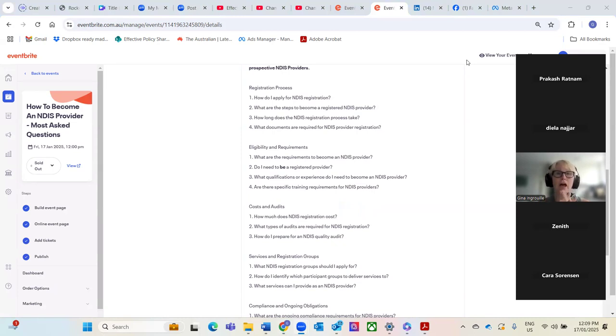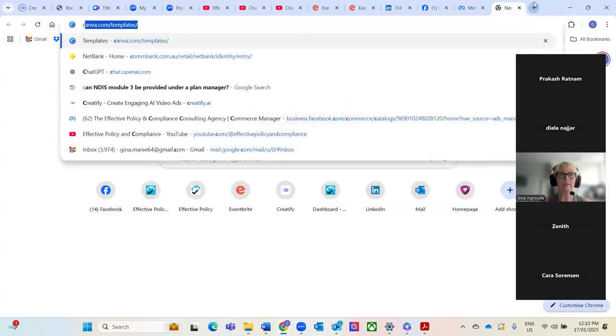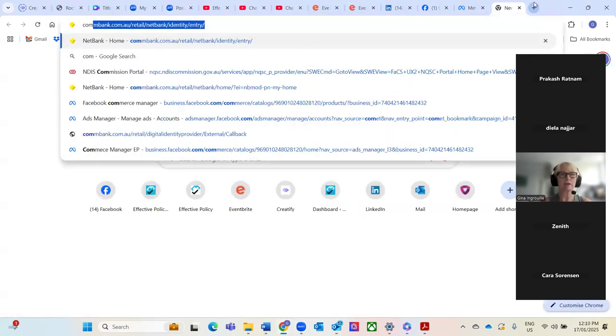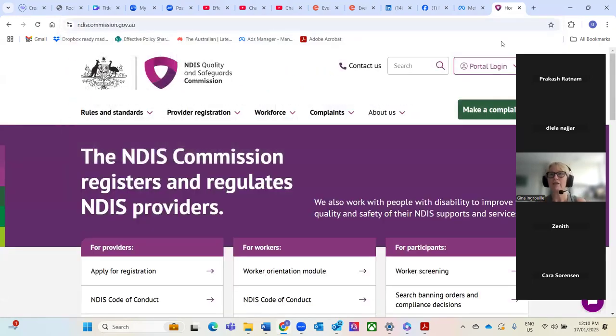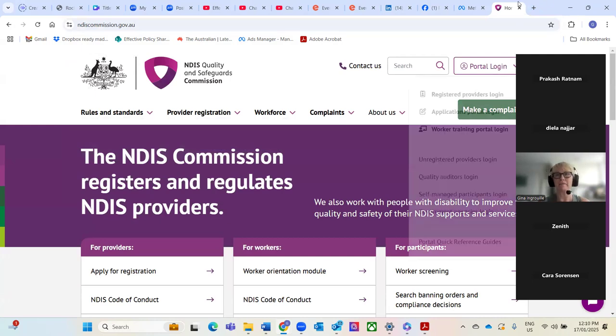Okay, so how do you apply for registration? You need to do it through the NDIS Commission's website. Now, I'm just going to do a quick show and tell. NDIS Commission. Somebody speak up for me if you're not seeing my shared screen, because I hate it when I talk about something and I think I'm sharing, but I'm not.